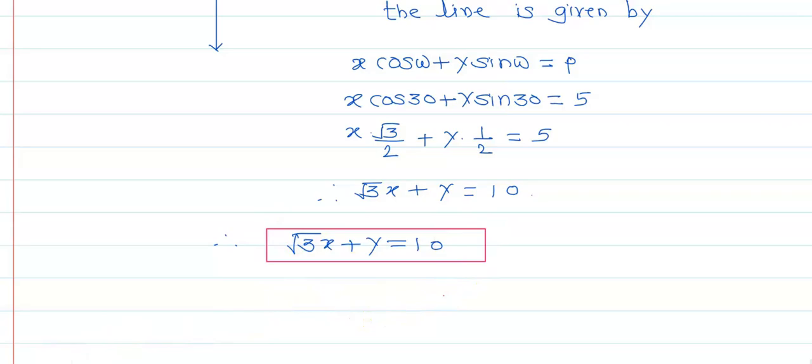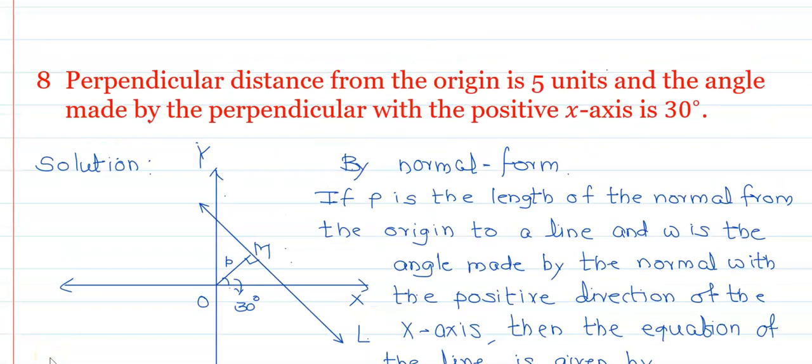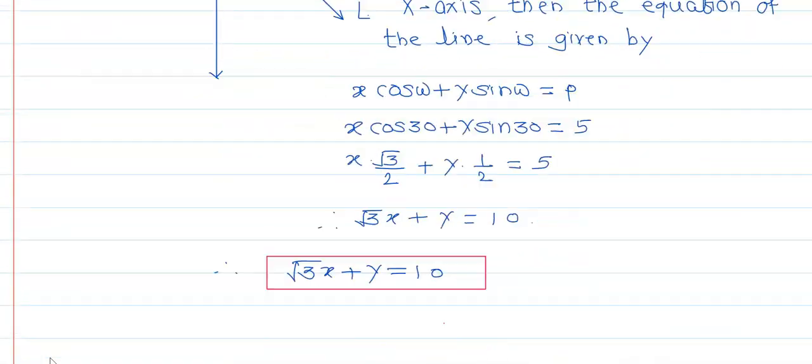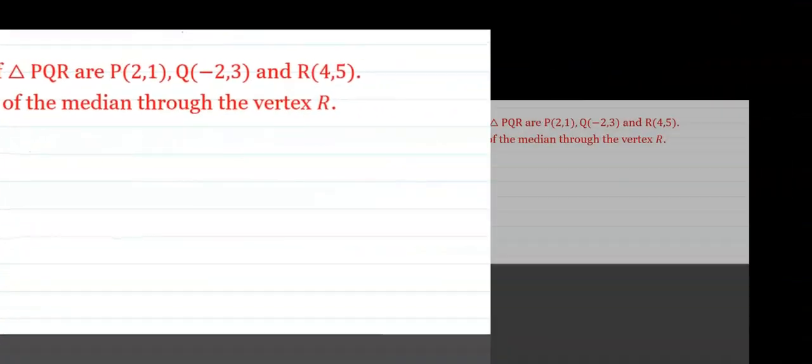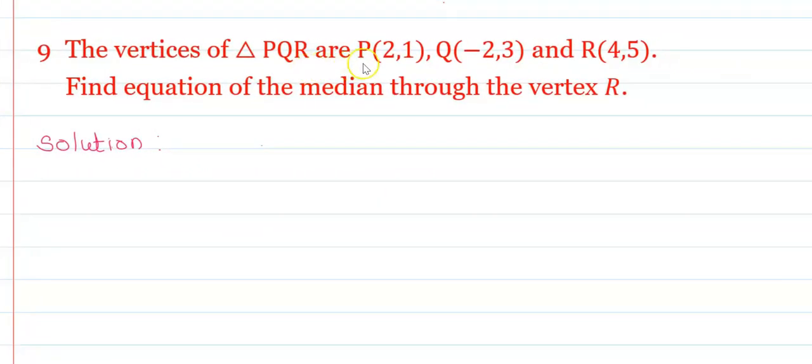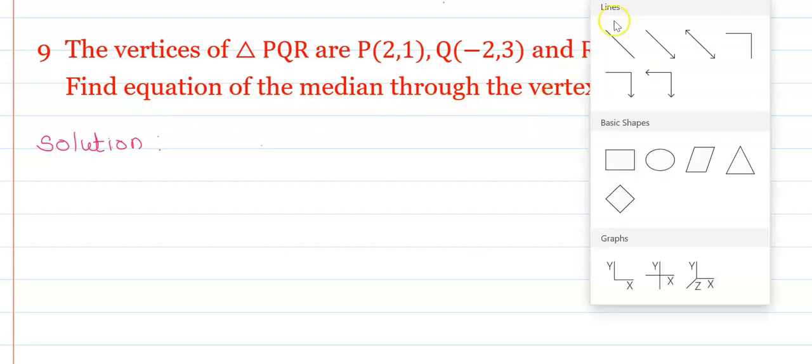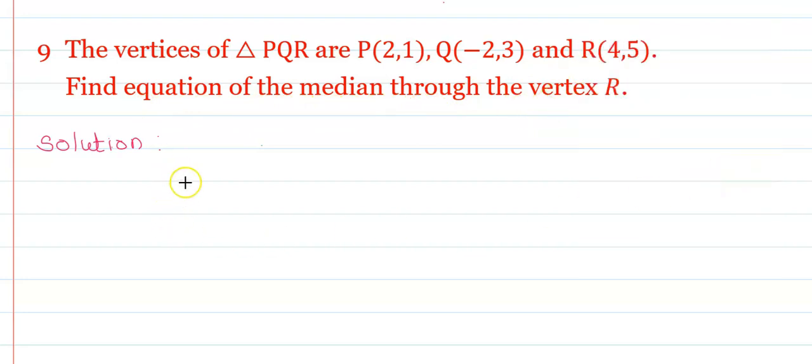Required equation. You can see this. Now the next problem. The vertices of triangle PQR are P (2, 1), Q (-2, 3) and R (4, 5). Find the equation of the median through the vertex R. Now we'll have a figure.